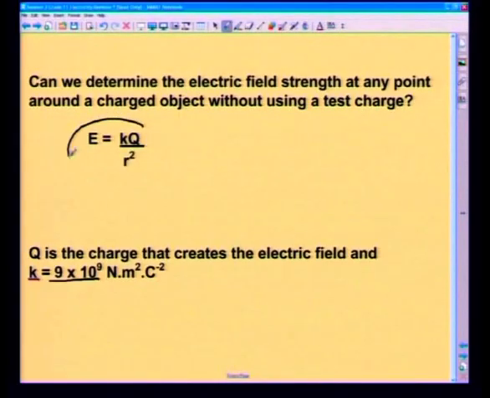The answer is yes. We can use this equation here, E equals KQ over R squared, which gives us the strength of the field at any point around the field.